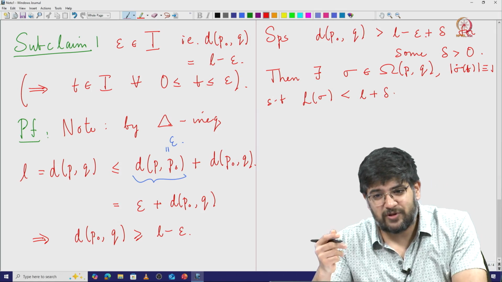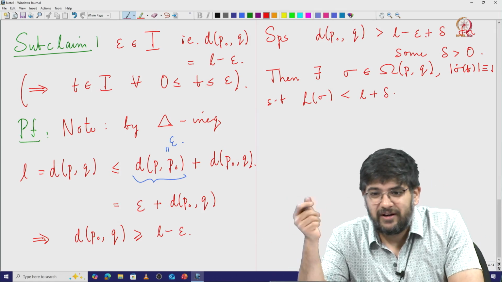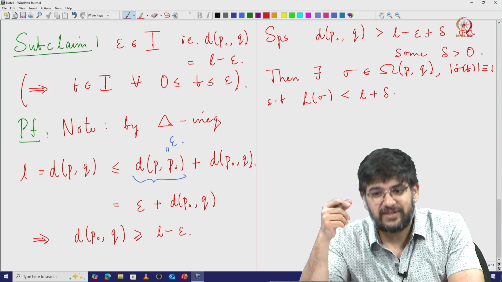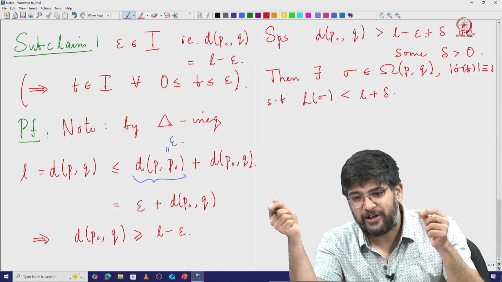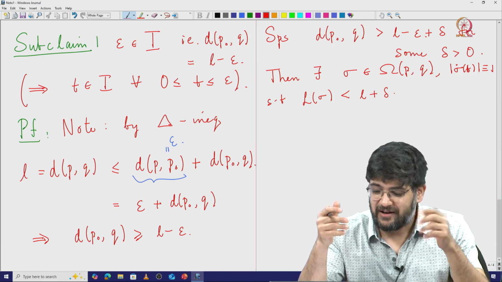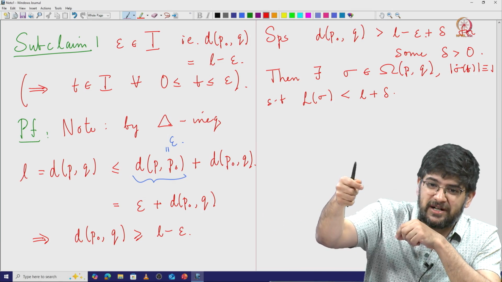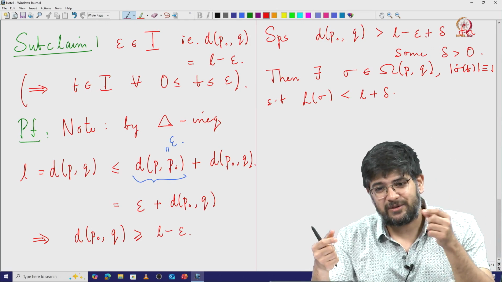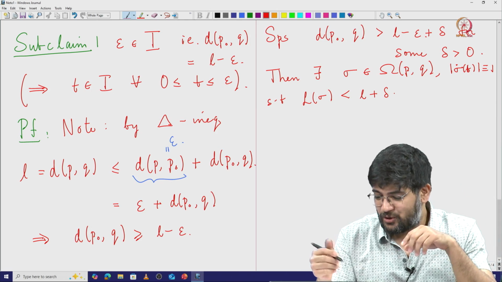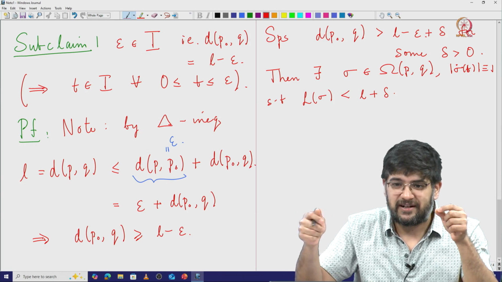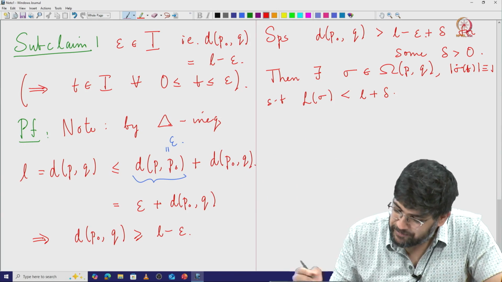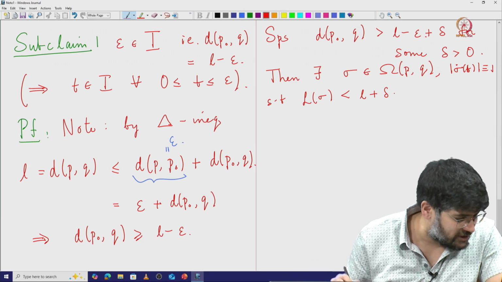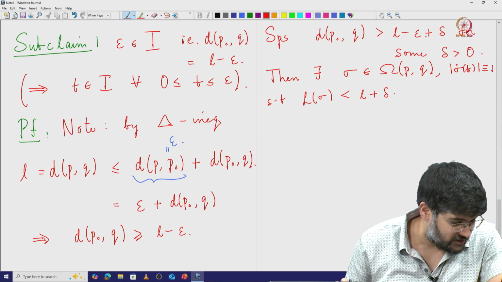Why? Because L was the distance from P to Q. Remember the definition of distance is the infimum of the lengths of all curves connecting P to Q. So if the infimum is L, and you take something slightly bigger than L, there must be a path whose length is between L and L plus delta, otherwise the infimum would have been L plus delta instead of L. So this is just from the definition of the distance function.